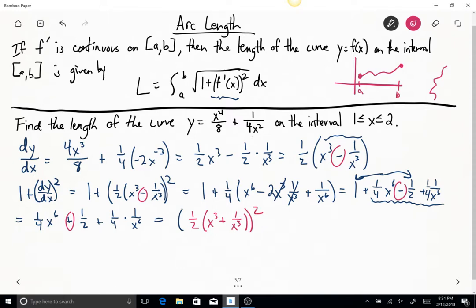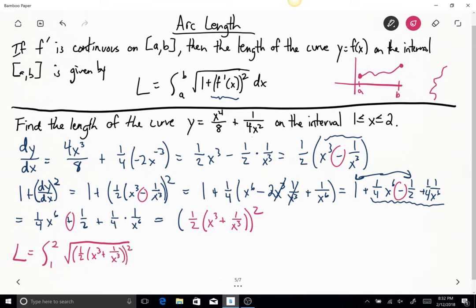So why is that nice for us? Well, when we look at it, notice we're taking the square root of all this. So the L equals the integral, our interval is from 1 to 2, we have the square root of 1/2 x cubed plus 1 over x cubed, and then we're going to square that quantity.